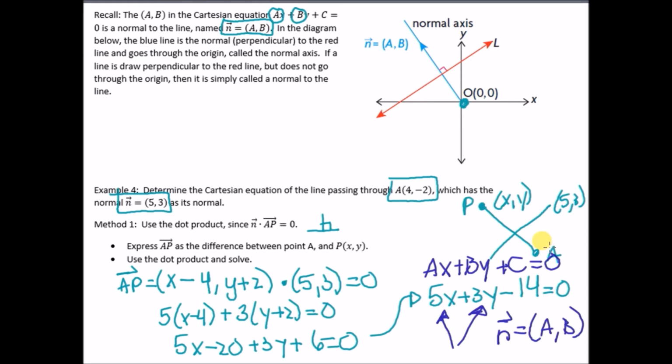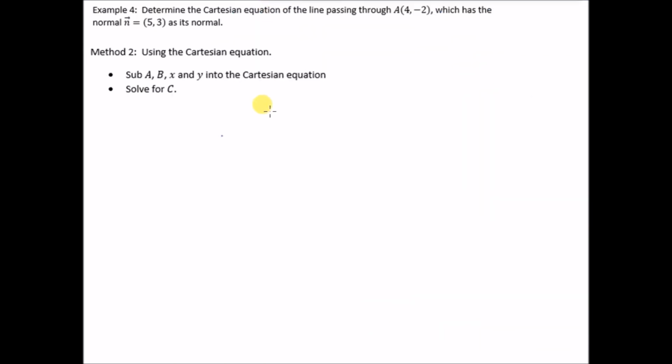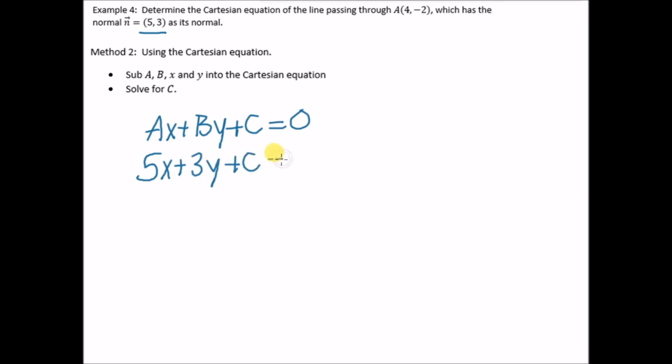Okay, let's look at another way of doing this one. We're going to do the same question, but for method 2, we're just going to use the Cartesian equation straight. If we think about Ax plus By plus C equals 0, we know that (5, 3) is going to be the A and the B. So already we know that it's going to be 5x plus 3y plus C equals 0. In order to find C, I'm going to sub in x and y into this equation. So let's sub in (4, -2).